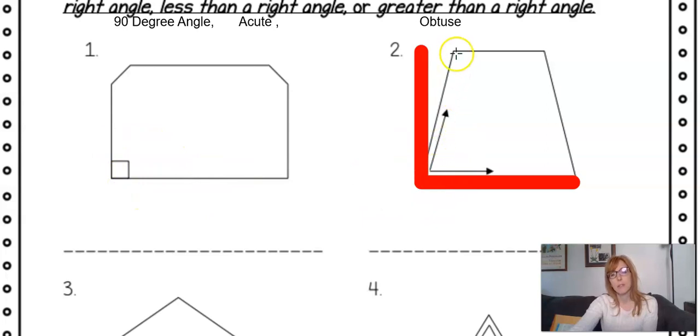And so you can see this line right here. This line is inside your 90-degree angle. So that would be an acute angle.